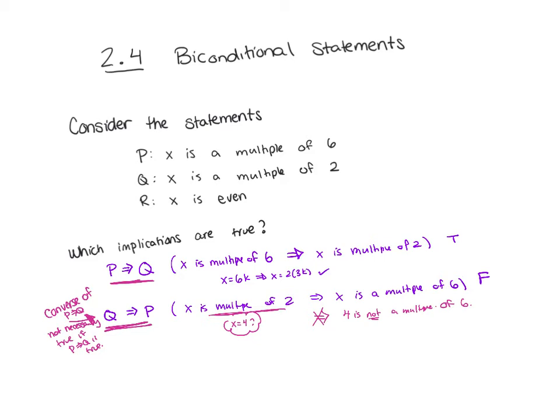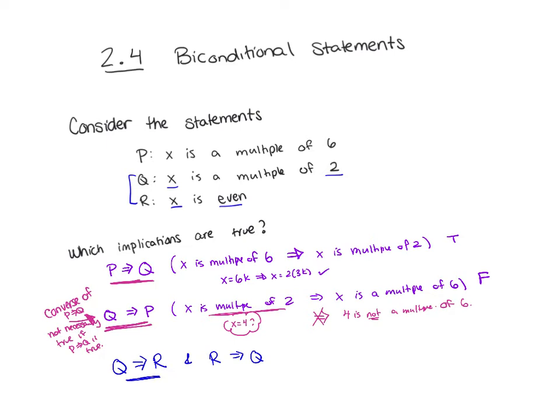So it's possible that one could be true and the other could be false. Now if we throw R into the mix, one thing that we might notice is that Q says that X is a multiple of 2. Well, that's the same as X being even. So if X is a multiple of 2, then X is even. And we also know if X is even, then X is a multiple of 2.